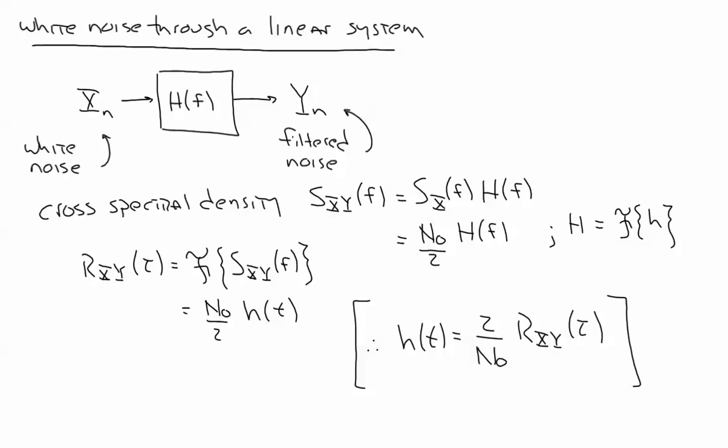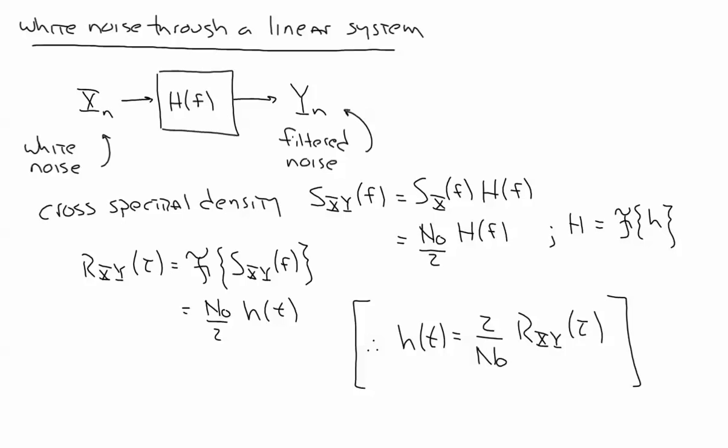I could also set up an experiment and take some unknown black box filter with an input and an output, and apply a white noise process to the input, and collect samples of the input process, pass that white noise through my linear system, and use a similar data collection scheme to take samples of the output random process.